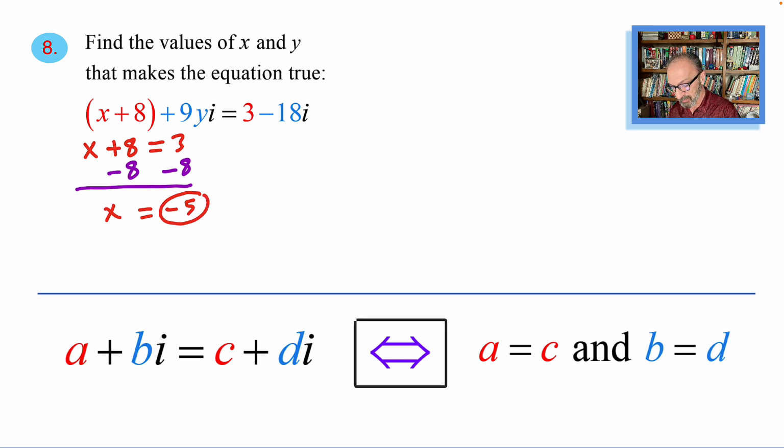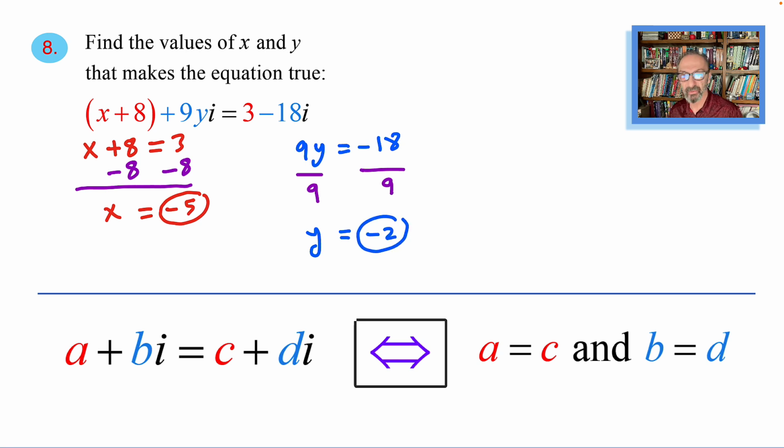For the light blue or the imaginary part, we have 9y equals -18, and we need to divide both sides by 9 to leave y alone, and that will give me y equals negative 18 over 9, which is negative 2. So x equals negative 5 and y equals negative 2.